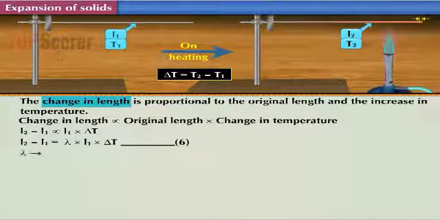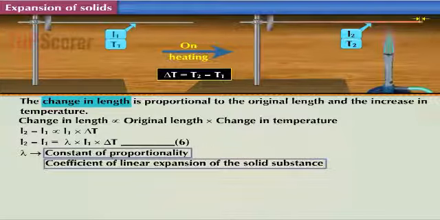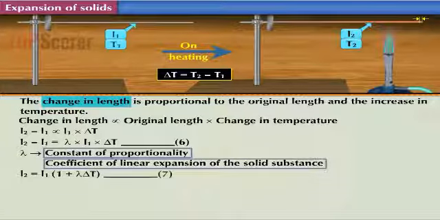Here, lambda is the constant of proportionality and it is called the coefficient of linear expansion of the solid substance. Thus, L2 is equal to L1 into, in brackets, 1 plus lambda into delta T. This is equation 7.